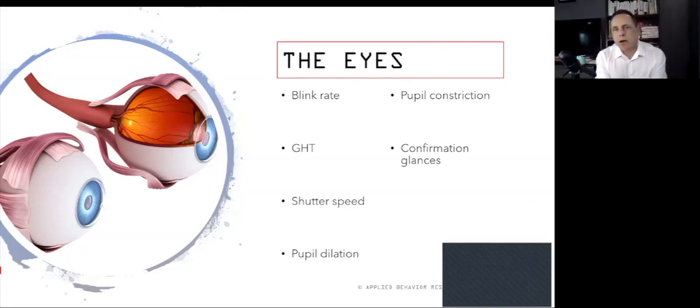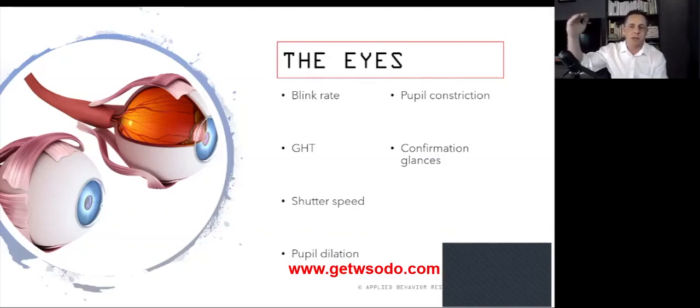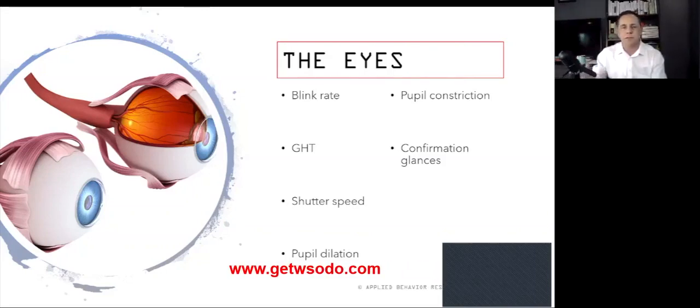So blink rate is how often we blink, or how many times per minute, if you want to get a little more scientific about it. But it indicates stress or sometimes relaxation and focus. So the more often the person's blinking, the higher their level of stress.